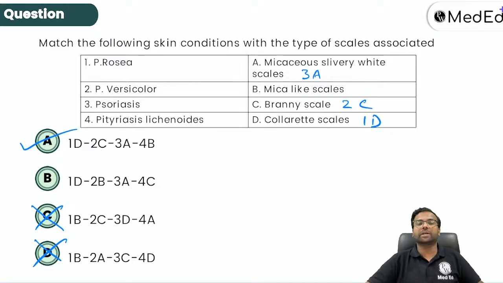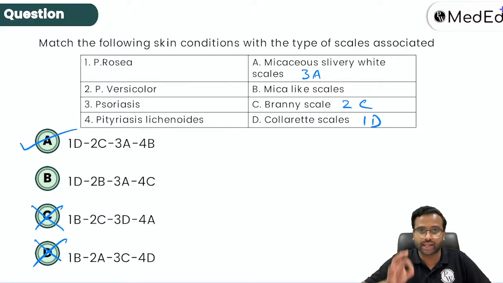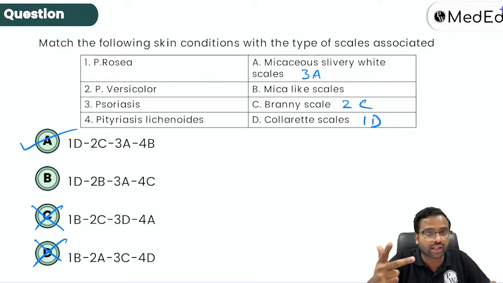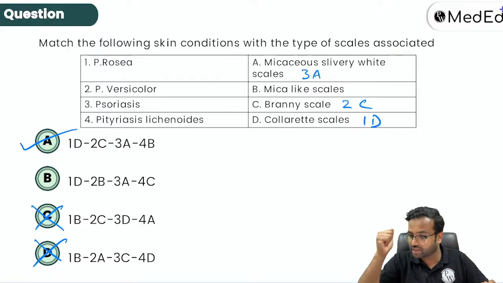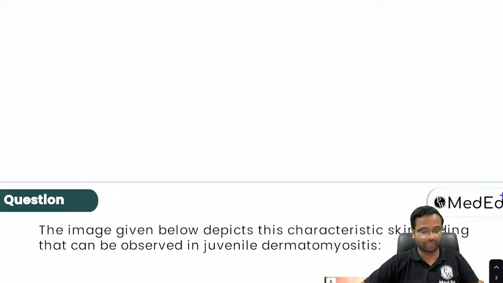The importance of this kind of MCQ is that for whichever diseases you have learned in dermatology, especially when you are going to appear for an exam very soon, you have to remember the disease and the type of scaling. So psoriasis, silvery white scaling; pityriasis rosea, cigarette paper or collarette of scales; pityriasis versicolor, rice powder or branny scaling; and some other diseases which you would know, like lichen planus, can have Wickham striae, etc. If that is clear, let's go to the next question now.